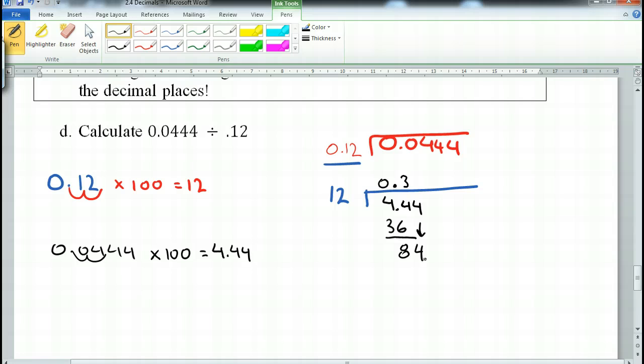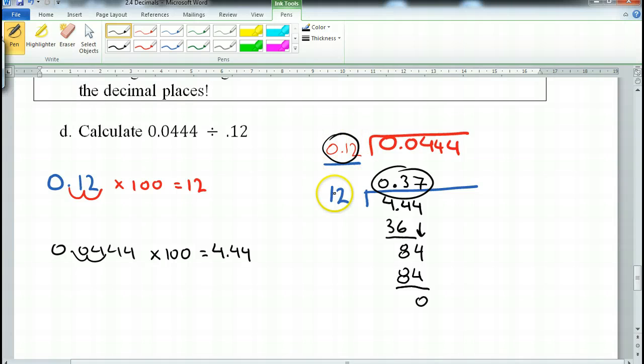And 12 goes into 84 7 times, which is very nice. So 7 times 12 is 84. And there we go. So your answer is 0.37 right over here.